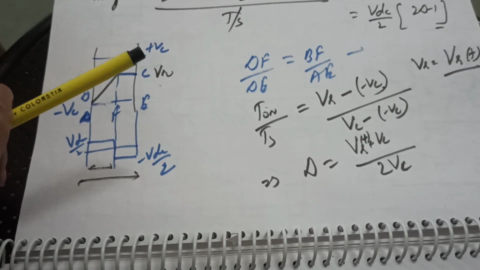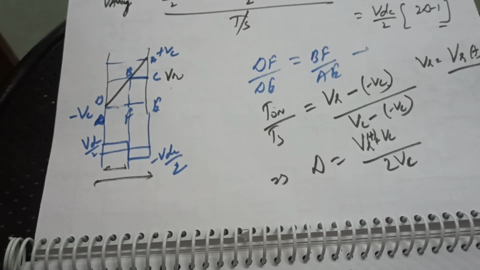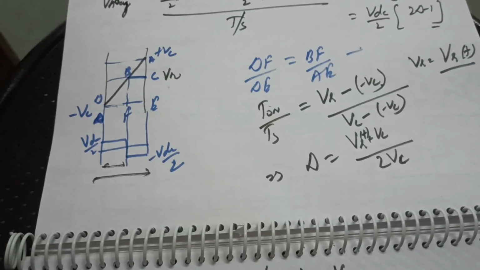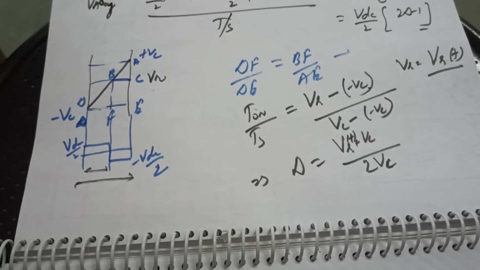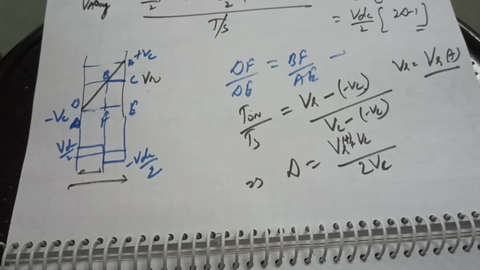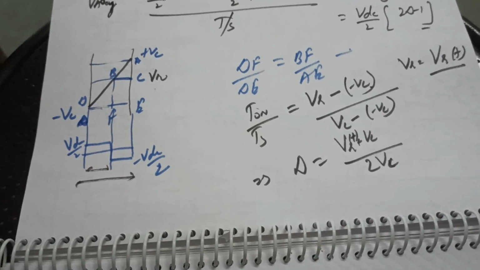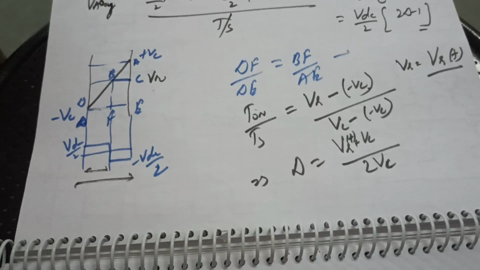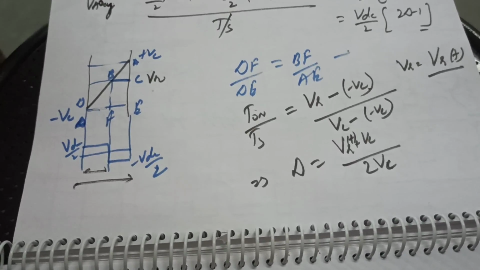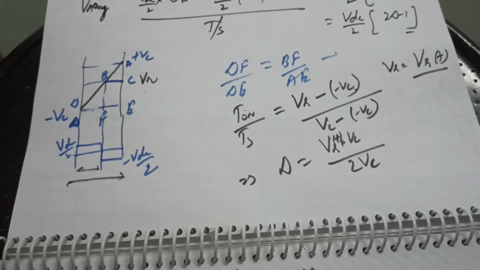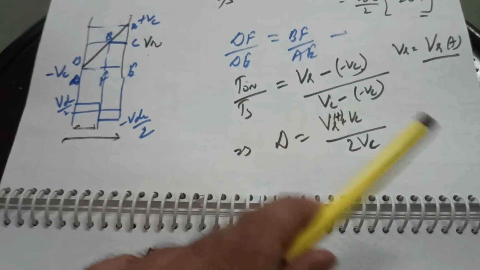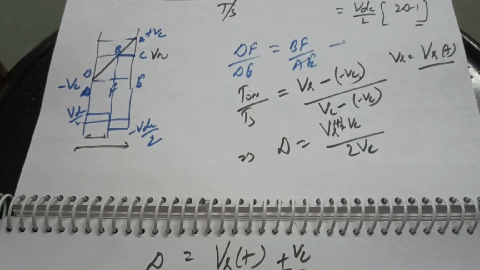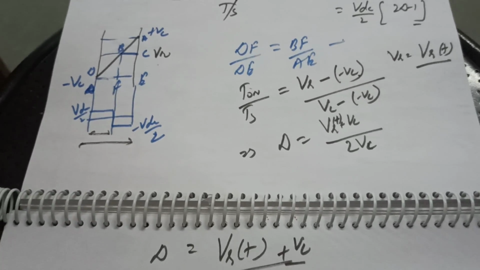Now I will put the values. DF is nothing but T on, DE is TS, the entire time, BF is VR plus VC, and AE is 2VC. Clear? This is what is written here. So you will get the value of D to be VR plus VC upon 2VC.